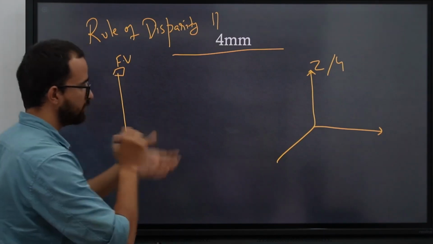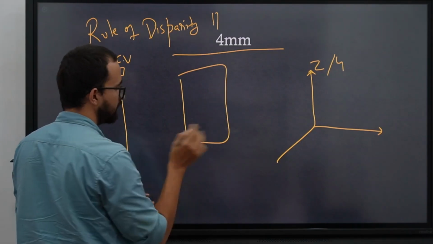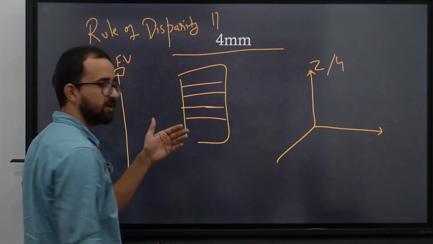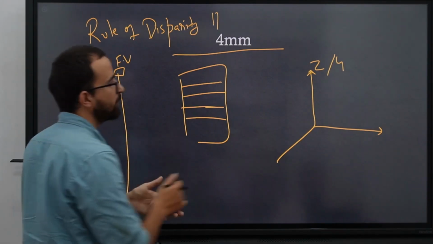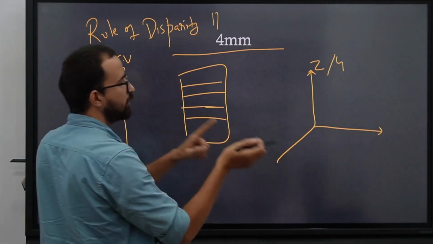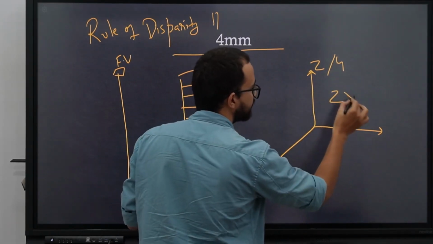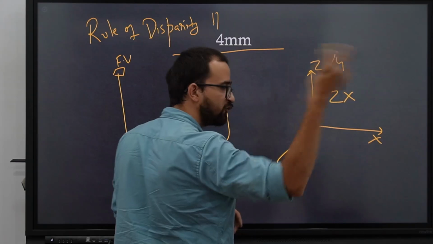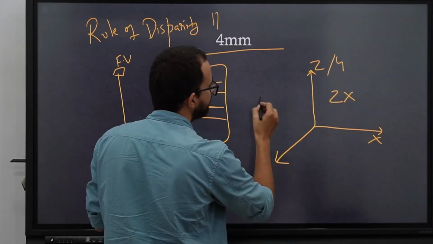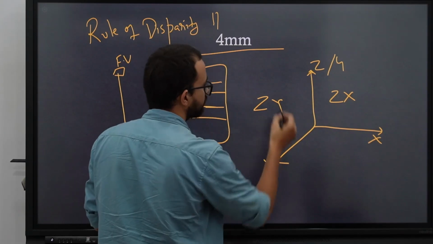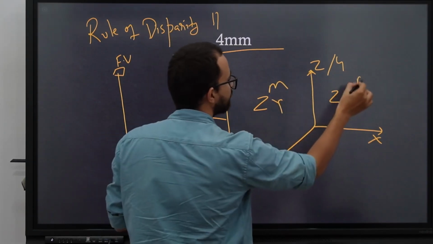Just like if you look at your sheets, the rule lines are parallel to the plane. That means they are in the plane. So there are two planes which can keep the z-axis in themselves. One is the z-x plane, one of your walls, and the other is the z-y plane. So these are the two mirror planes that we are talking about.